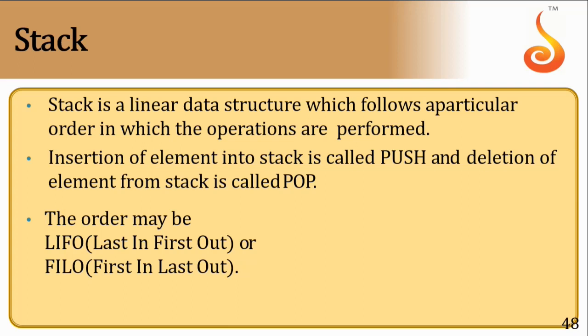For example, I have 5 elements in my stack. Then in order to delete the first one, I should delete the fifth one, fourth one, third, second, and then only I can delete the first. I cannot directly delete the first, whereas in an array I can delete any element at any location. It need not be like I have to delete the previous elements. We have done that also, right?